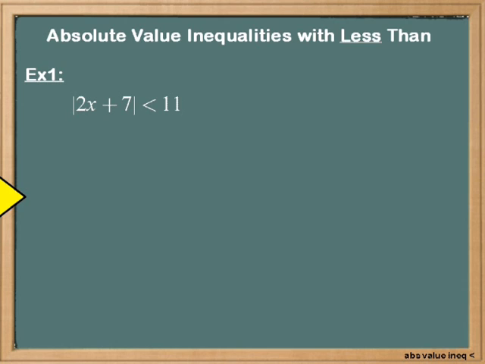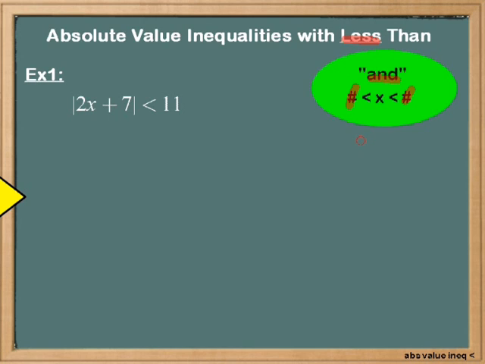This next example is going to deal with inequalities. In particular, we're going to start with the less than, and I'm going to reflect back on what you learned in the previous lesson, which is that less thans are "and" statements, and "and" statements have a number in front, a number in the back, with the variable wedged in between.